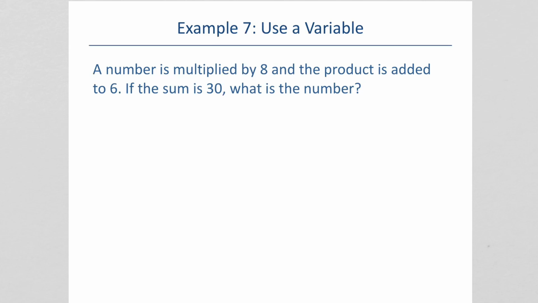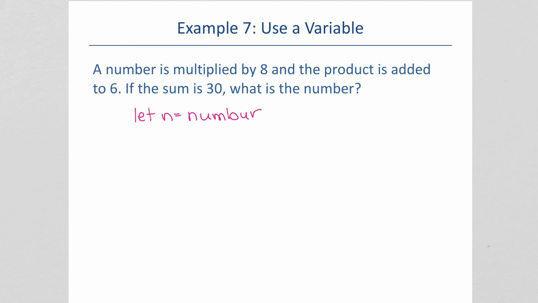A number is multiplied by 8 and the product is added to 6. What is this number? Oh, it says if the sum is 30, what is this number? Okay? So for this one, we're going to use a variable. Let n be our unknown number.